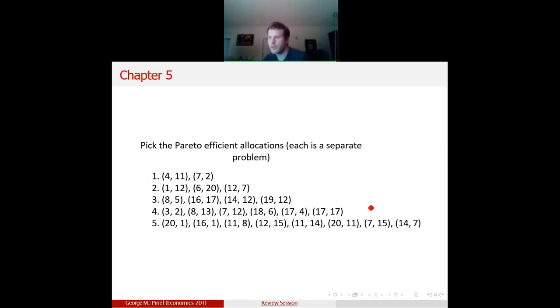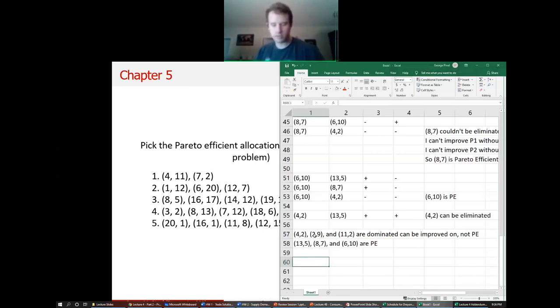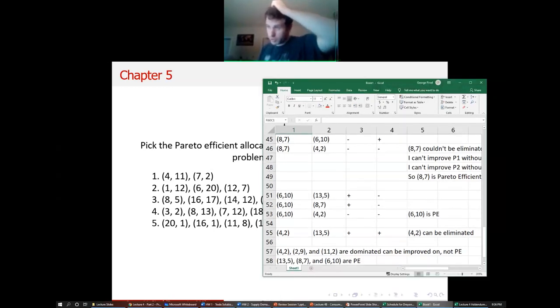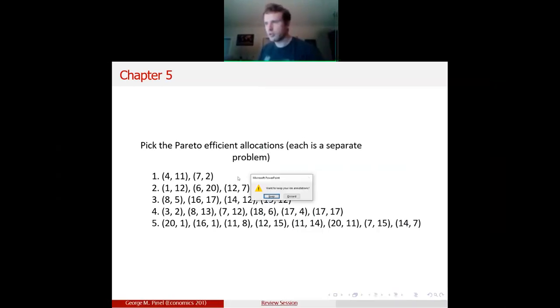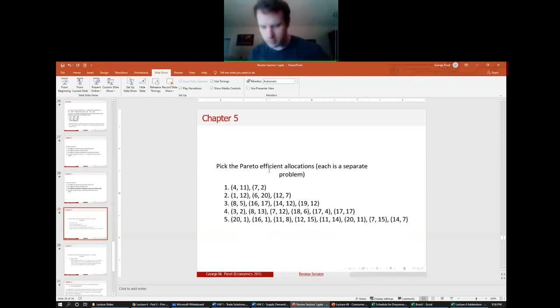Alrighty, pick the Pareto efficient allocations. All right, I'm gonna bring in Excel for this one, the way that I did before. I'll move it over a little bit. I promise we'll be done soon.